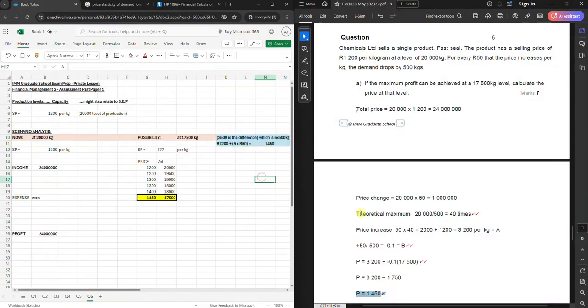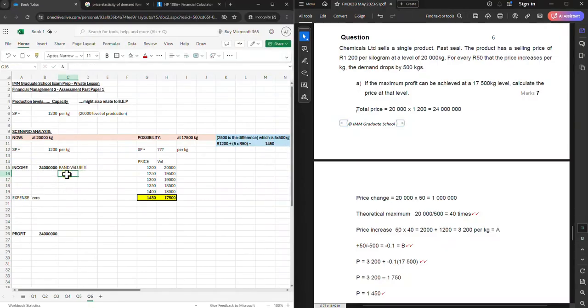I'm sure your mathematical way is probably the way they want it to be done. Not because, actually, look at their answer. Their answer is very different. How do they do it? They have a price change here. They've got 40 times. The price change is 40 times. Okay, it looks like they're using the total price, in other words, the rand value.